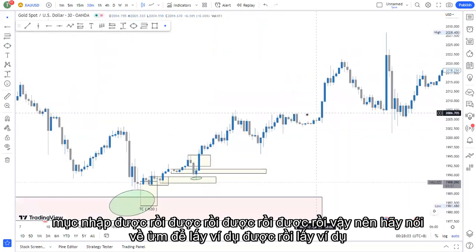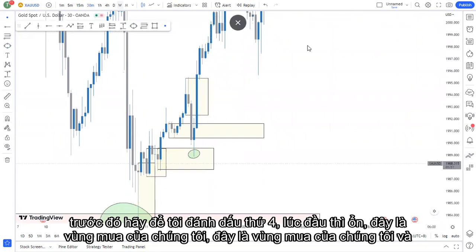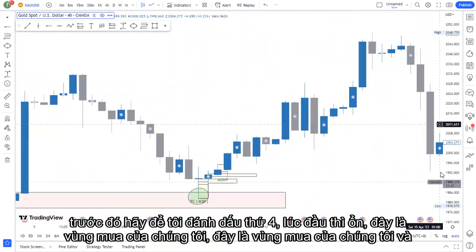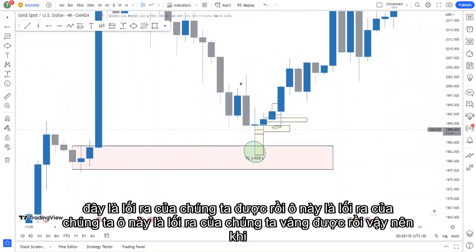All right, so let's talk about an example. Before that, let me mark DH4. At first this is our buy, this is our buy zone, and this is our exit, which is this sell. This sell is our exit.